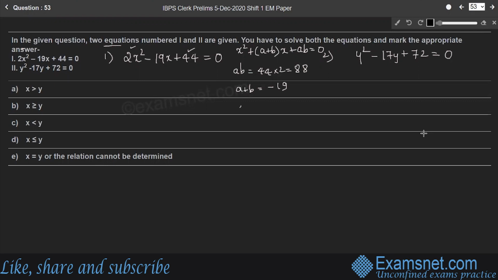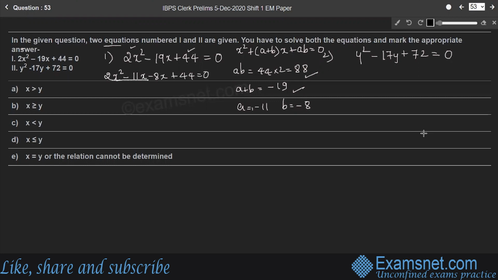Therefore, A is equal to minus 11, B is equal to minus 8, right? So A plus B becomes minus 11 minus 8, that is minus 19. A into B becomes minus 11 into minus 8, which is plus 88. Therefore, the first equation can be written as: the first term 2x square minus 19x can be written as minus 11x minus 8x plus 44 is equal to 0.